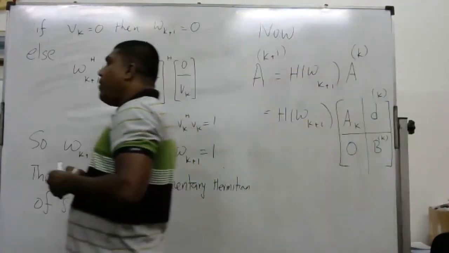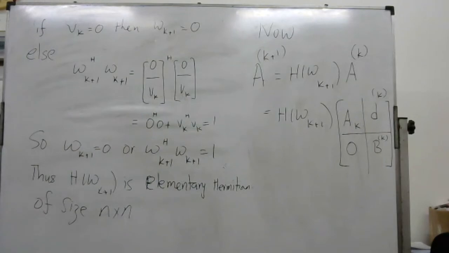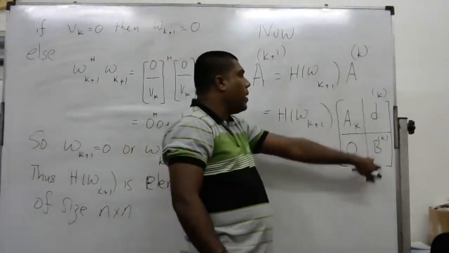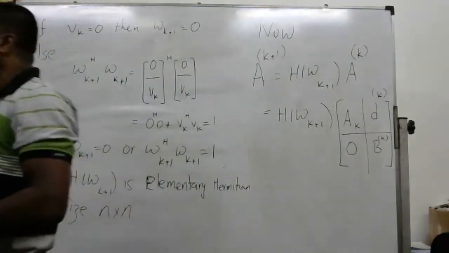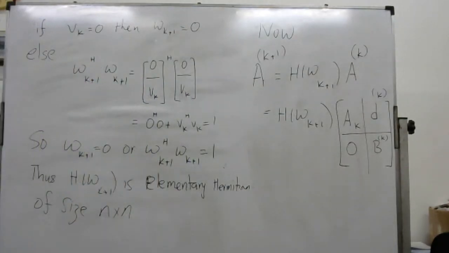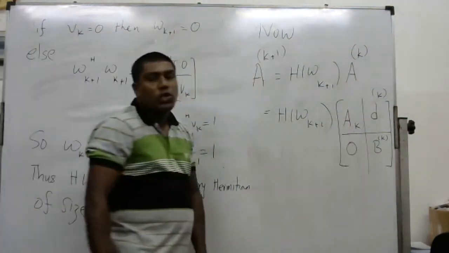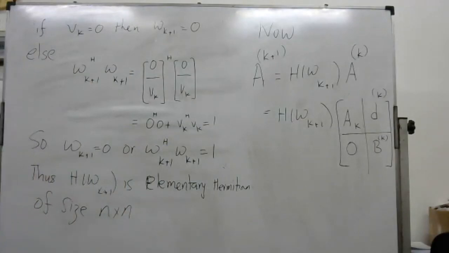Okay, so now you have H omega k plus 1 multiplied by Ak is equal to Ak plus 1. That is the next step of elimination. You have to multiply H omega k plus 1 by Ak, but you already wrote down Ak in block form. So if you want to multiply, obviously you need to have H omega k plus 1 in block form.